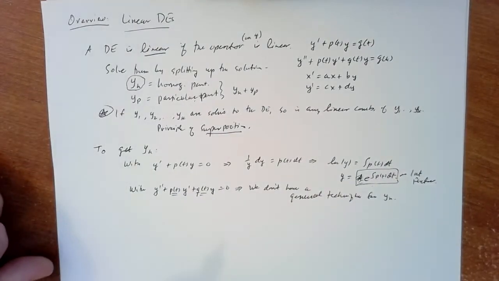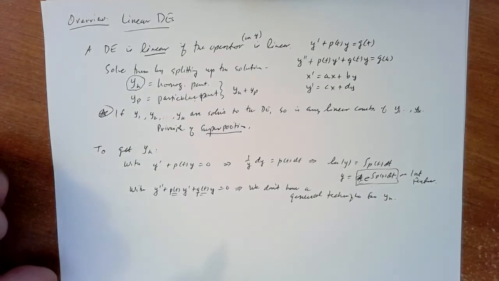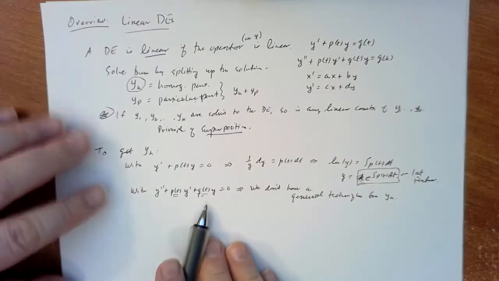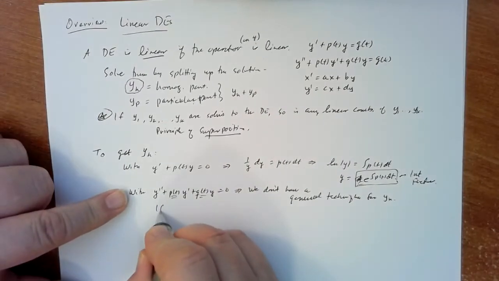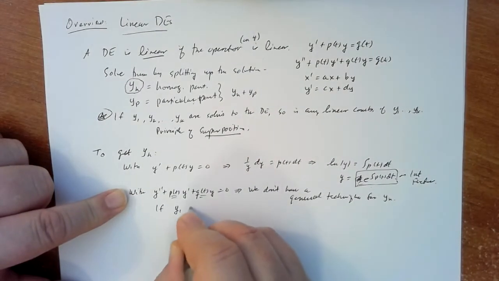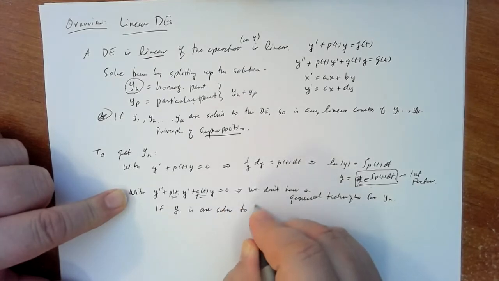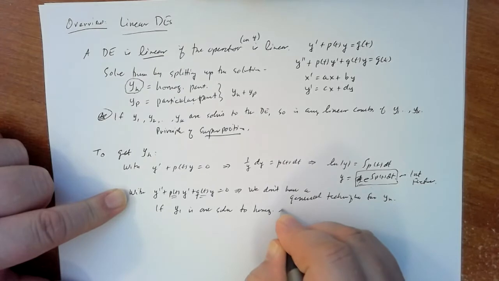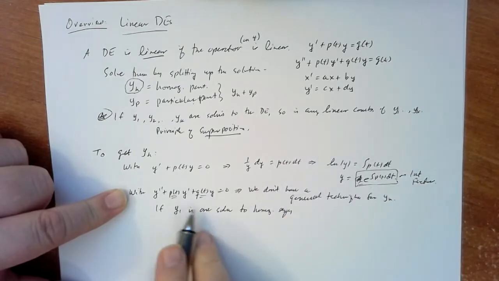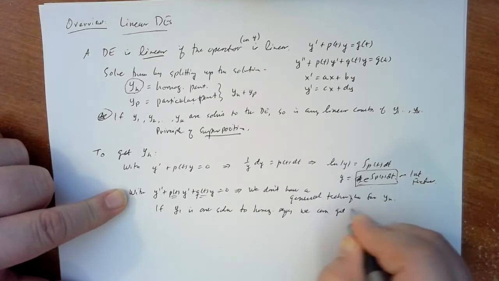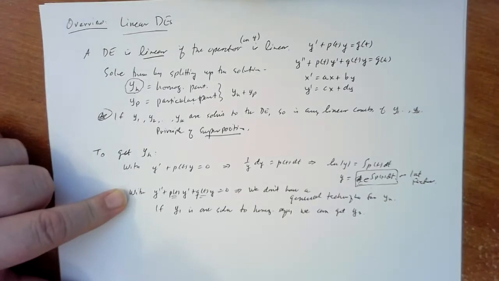However, there are special cases, and we also know that if y1 is one solution to the homogeneous equation, we have several ways of getting y2. Do you remember what they are?